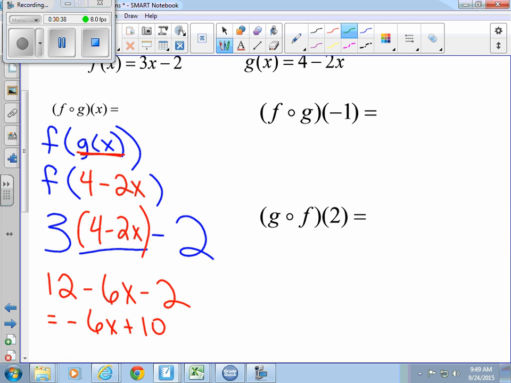So I'm going to show you how to do composition with a number. The first step is always to do what? Rewrite it. Write it how it makes sense. So f of g of what? Negative 1. This time the x is negative 1. So it's f of g of negative 1.